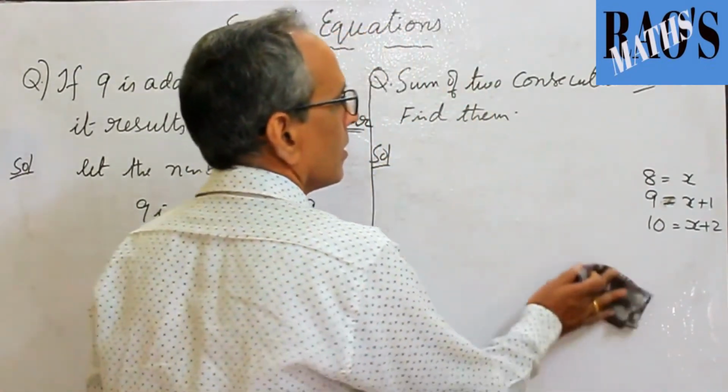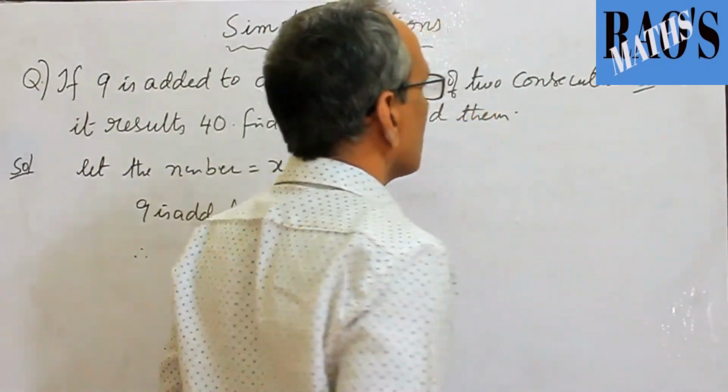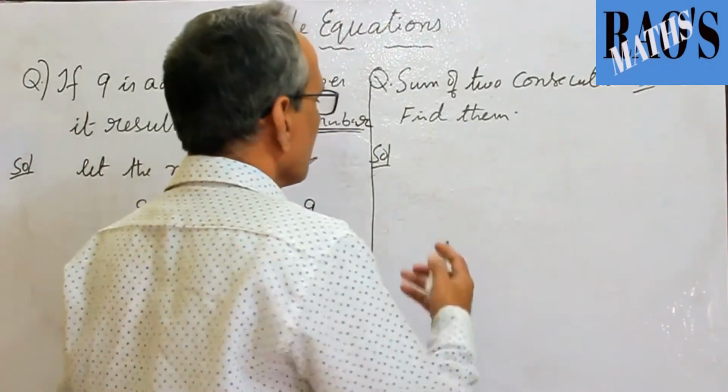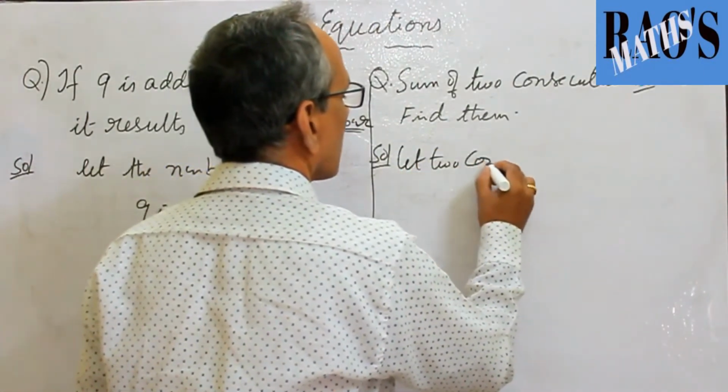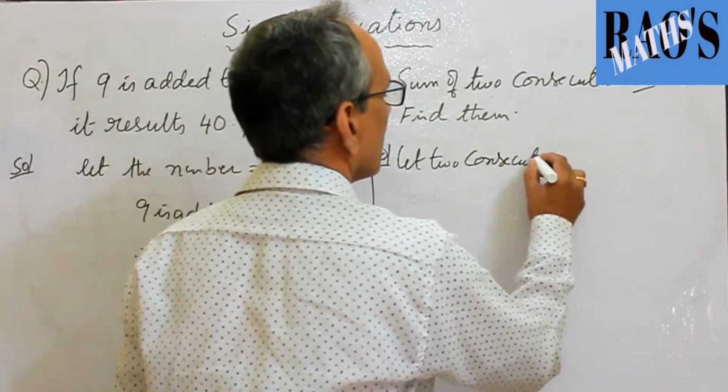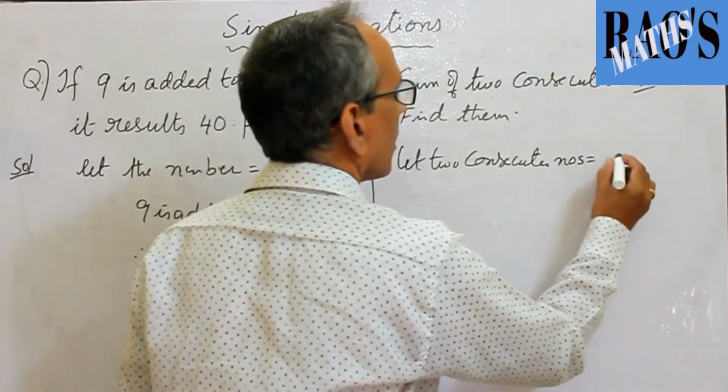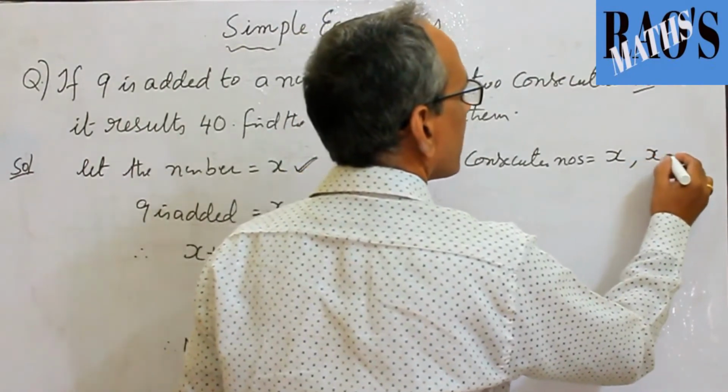Now here also I define the unknown consecutive numbers. Let the two consecutive numbers be x and x plus 1.